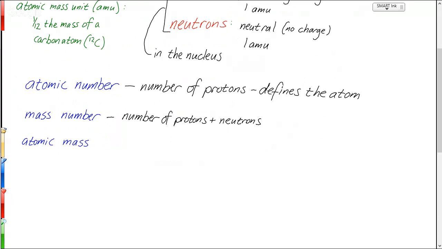Is this one on the periodic table? It's not, because the mass number is always a whole number, just like the atomic number. You're just adding up the protons and the neutrons. So if you ever forget about that or can't remember, notice that those red numbers on the periodic table are not whole numbers for the most part. They're decimals. So that tells us the mass number can't really be found on the periodic table. And let's make a note of that.